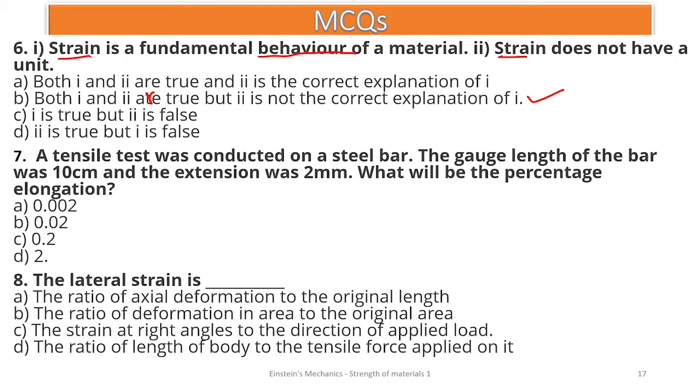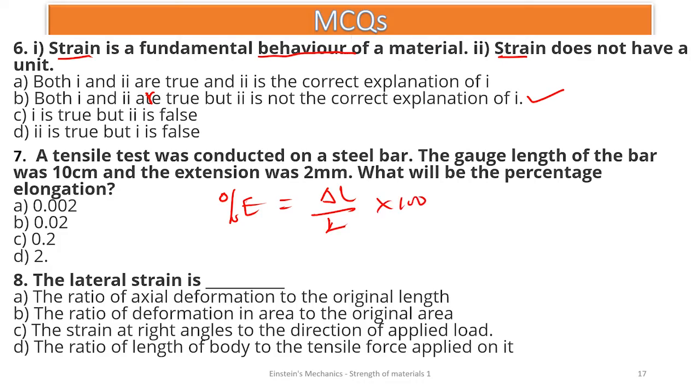All right. Now, number 7, a tensile test was conducted on a steel bar. The gauge length of the bar was 10 and the extension was 2 mm. What is the percentage elongation? So here, if you want percentage elongation, let me say E is going to be the change in length over the original length multiplying 100.